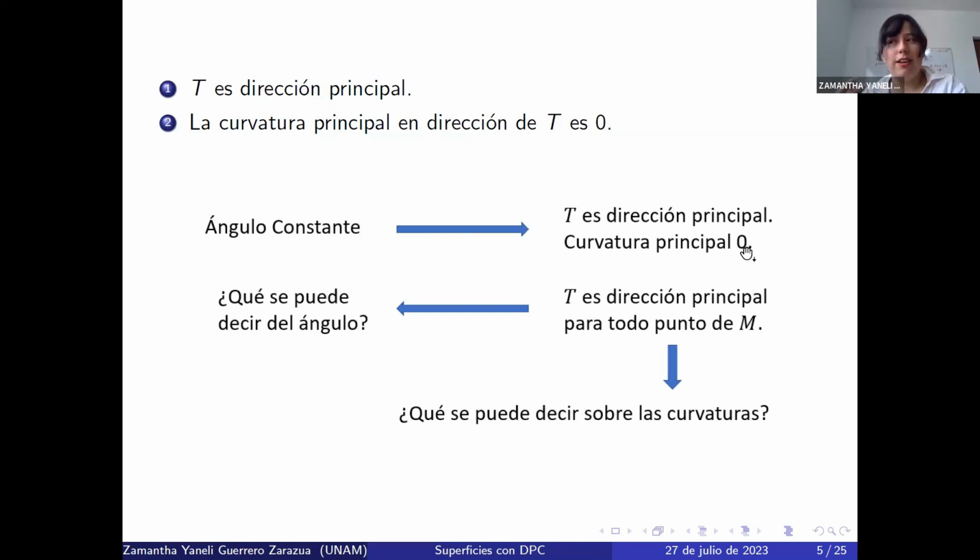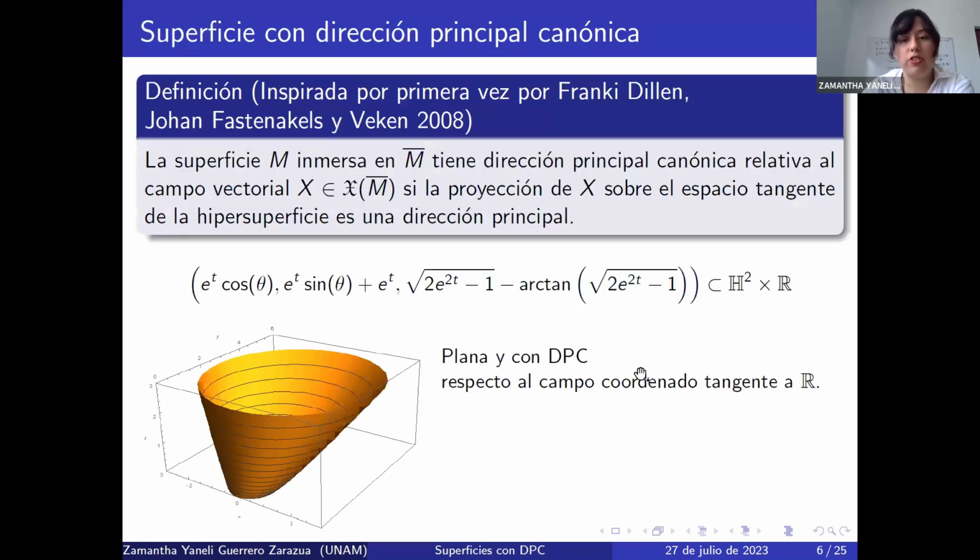Is the reciprocal satisfied? If T is a principal direction for all points in M, does it maintain a constant angle, or does it say something about the principal curvatures? Well, let's see. Now, this is precisely what we're going to consider the principal direction property, canonical principal direction.